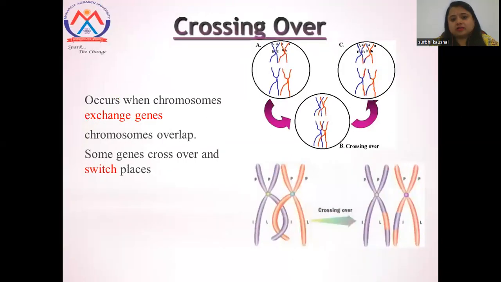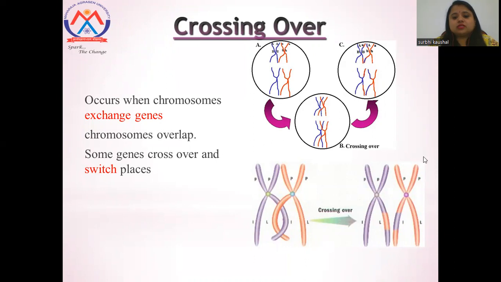Now, how does this happen? The first phenomenon is crossing over. What is crossing over? It occurs when chromosomes exchange their genes when they overlap. Some genes cross over and switch their places. As you see in this diagram, the lower one is easier to understand.